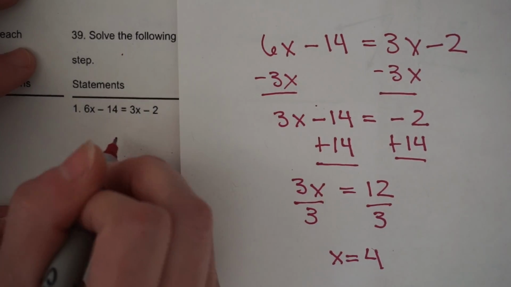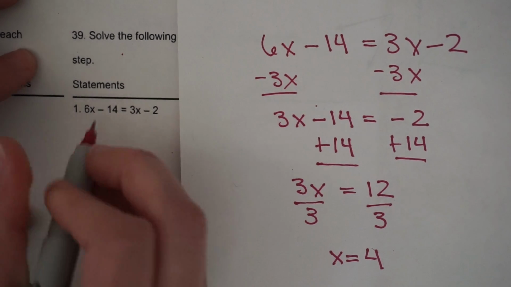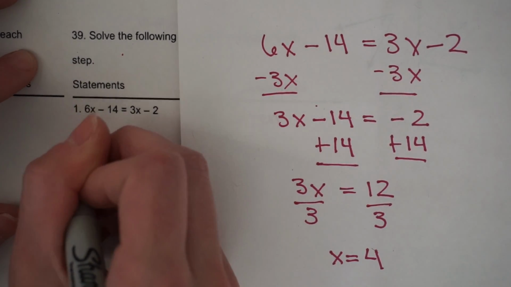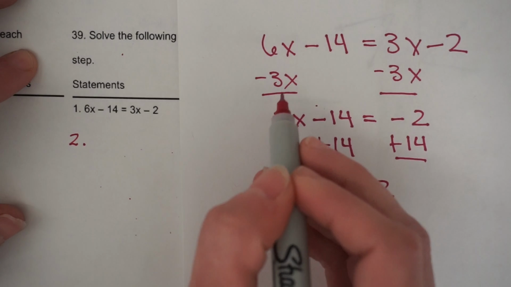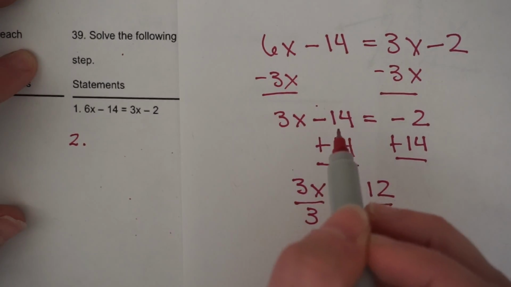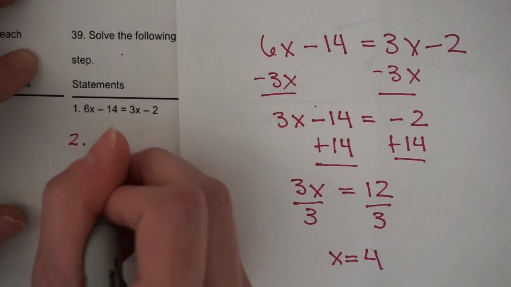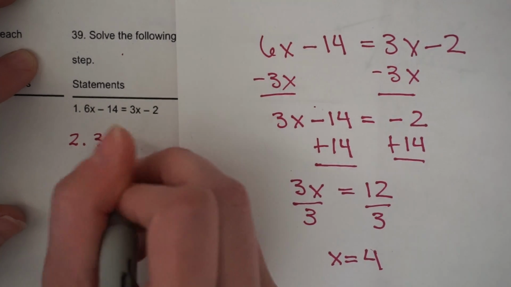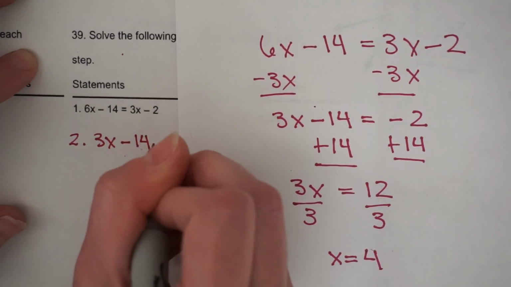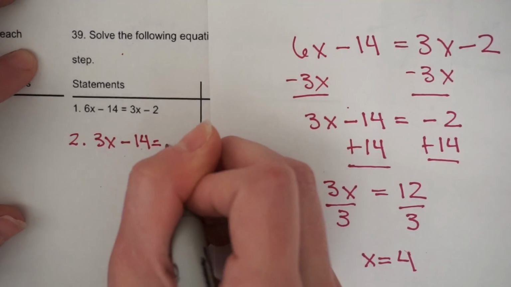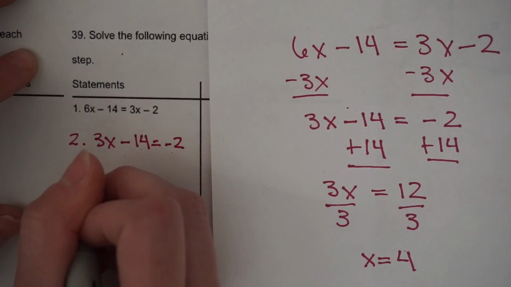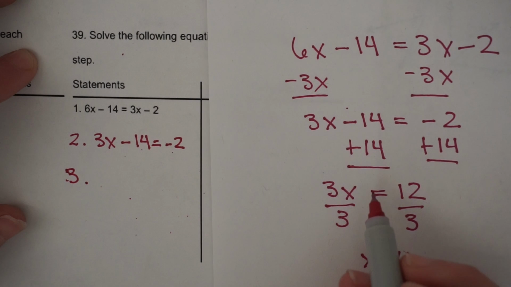So my first step, I'm just going to let this be because this is given to me. Right? Step 2. Right? What we did was subtract 3 from both sides. Okay, when we did that, we got 3x minus 14 is equal to negative 2. Okay, step 3, right?